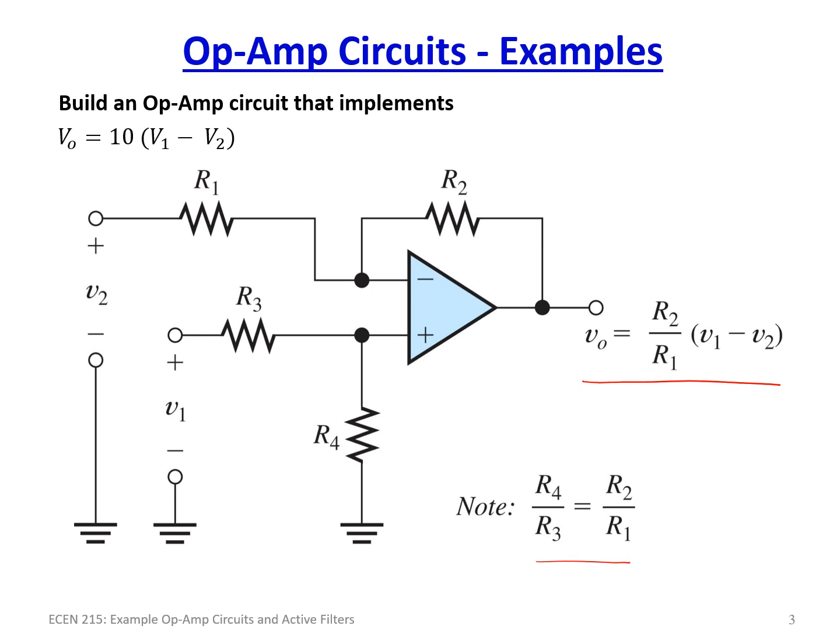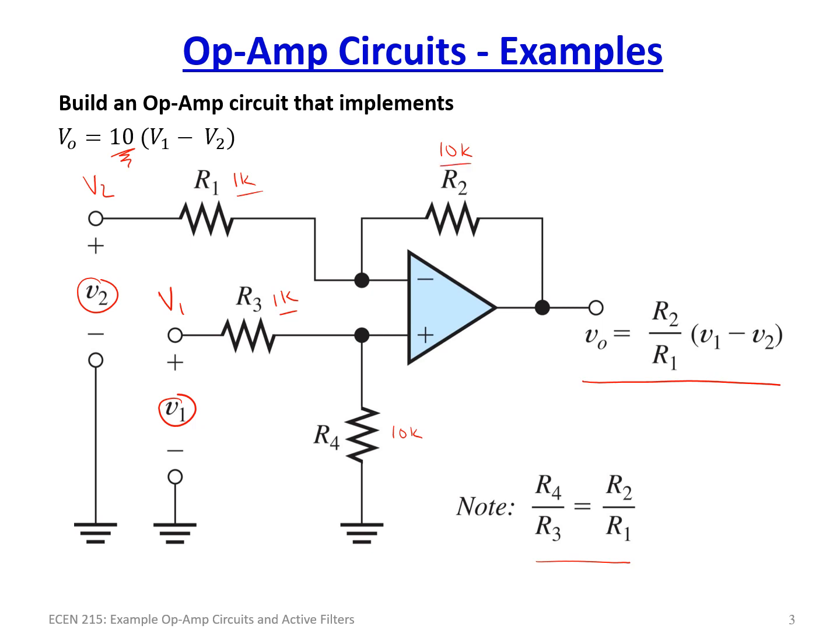So V1 is V1, so that one's easy enough. V1 will go here, V2 will go here, just as it's implemented here. And so the only thing we need to figure out is the ratio here for the gain, 10. So if we choose this to be 10 kilo ohms, and for that matter, this happens to have to be 10K, then correspondingly, if this is 1 kilo ohms, then we have our solution.